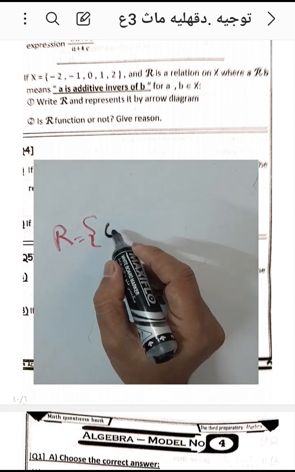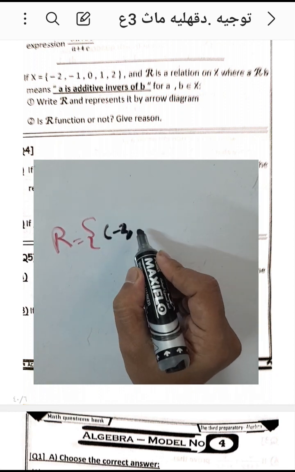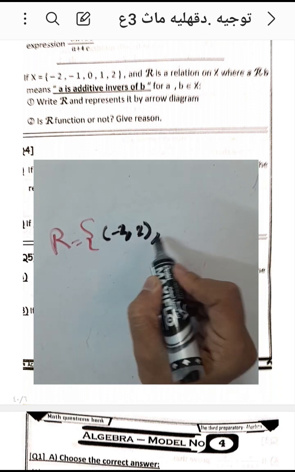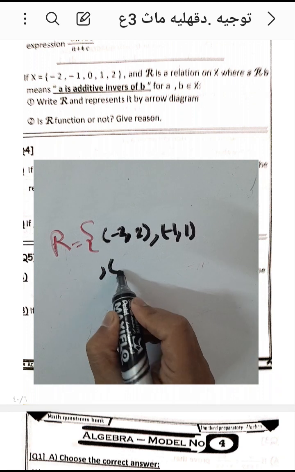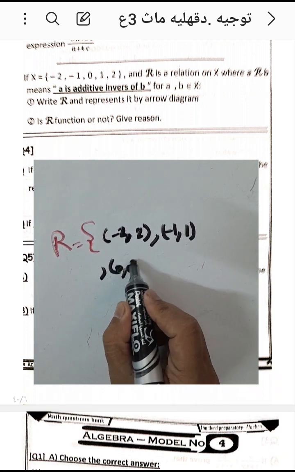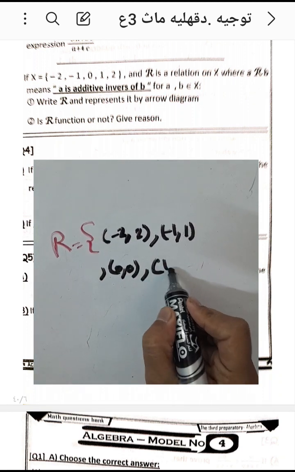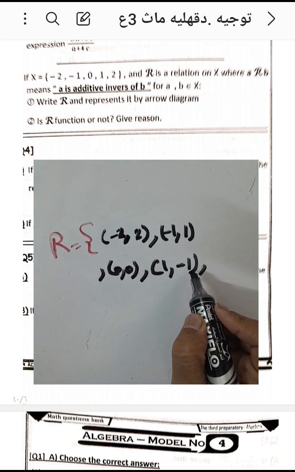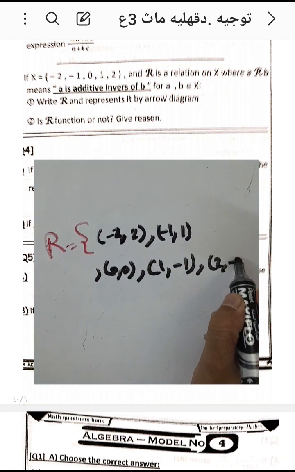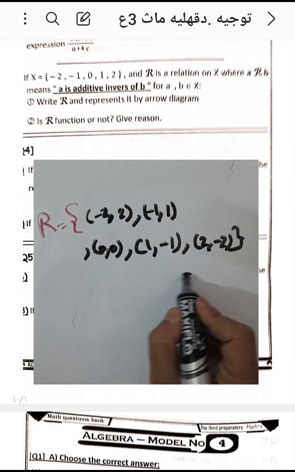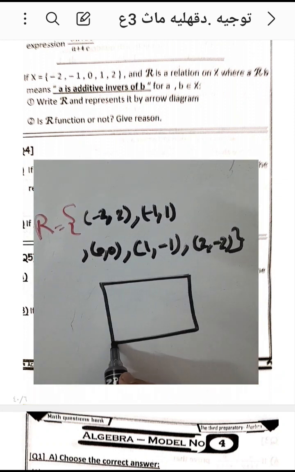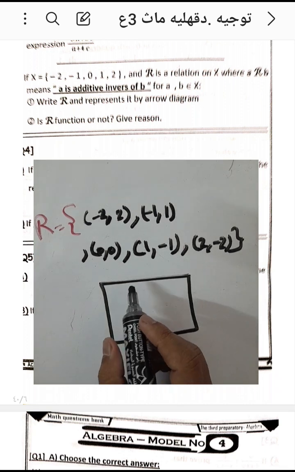Okay, write -2 and 2 and -1 and 1. Okay, and 0 with itself, 0. 1 with -1, and 2 with -2. And then we can draw our Venn diagram here.